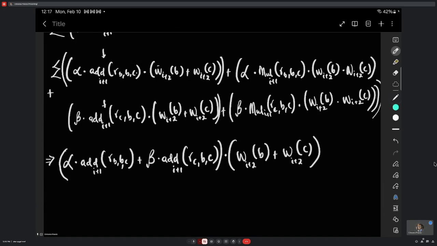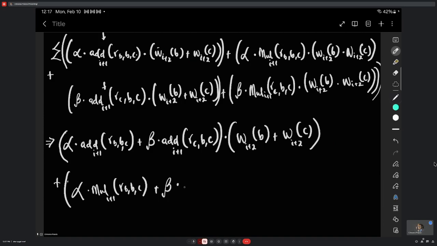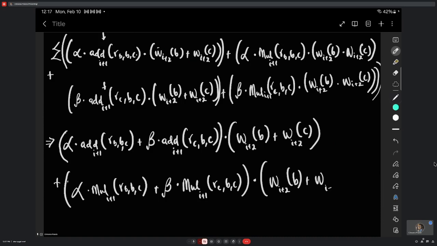And then we're going to have plus the other one because there's another similarity: plus alpha MOLI plus 1 RBBC plus beta MOLI plus 1 RCBC, into WI plus 2B plus WI plus 2C, right?